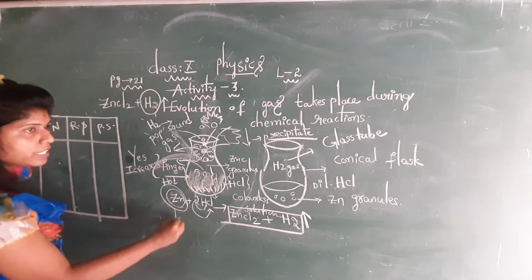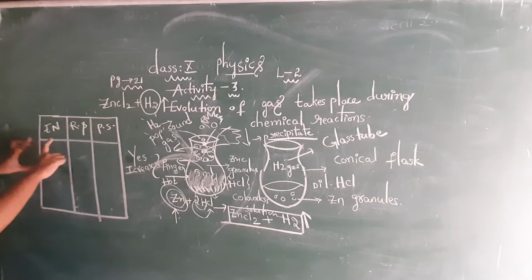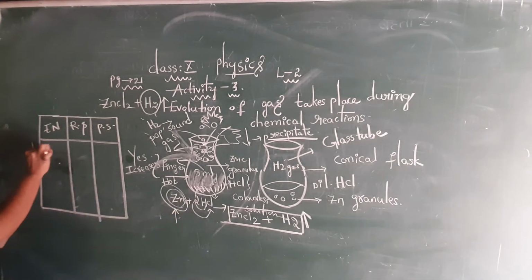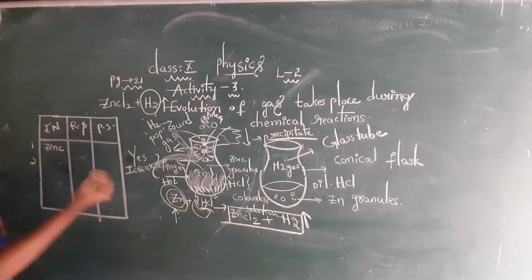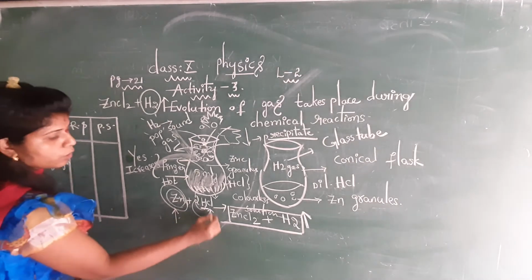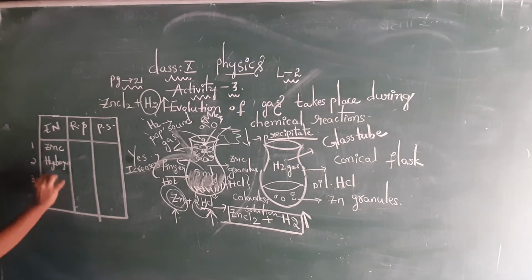First, mention the elements present in the equation. The first element is zinc. The second element is hydrogen. The third element is chlorine.